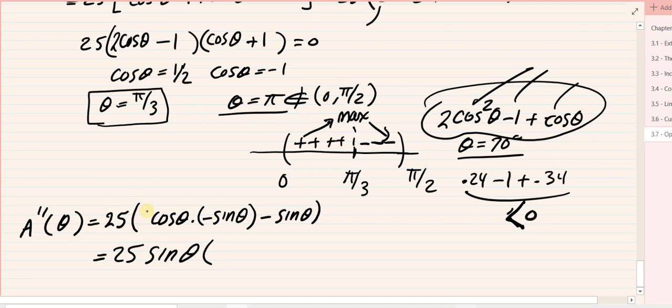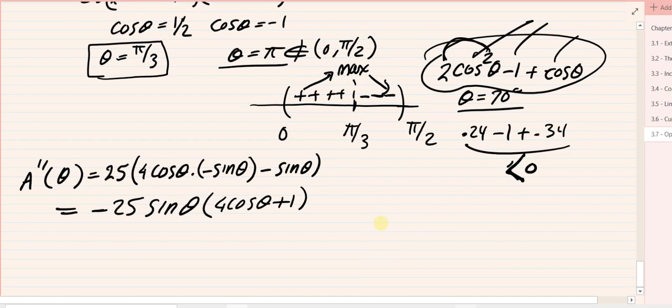So that's going to be 4, because the derivative, 2 times 2, makes it 4. Okay, so I have 25 sine theta and then times 4 cosine theta plus 1. I'm going to factor the negative from the sine also. There you go. Now that looks better.